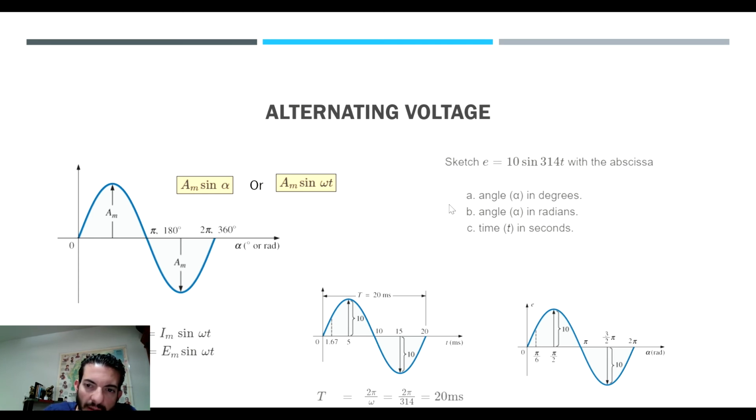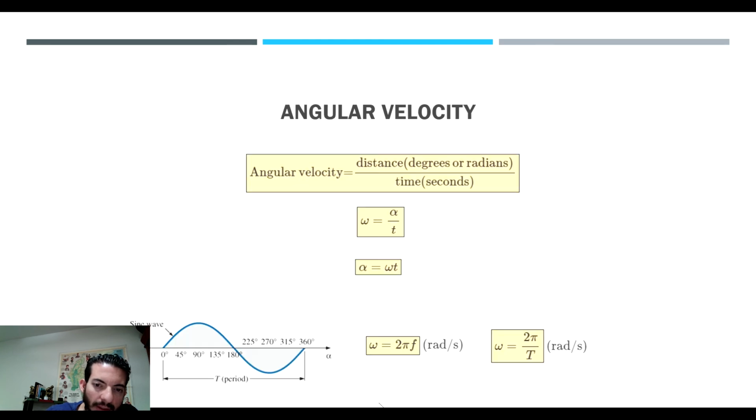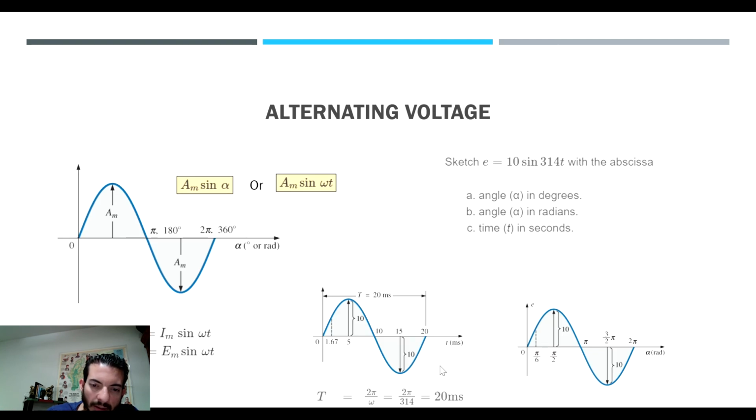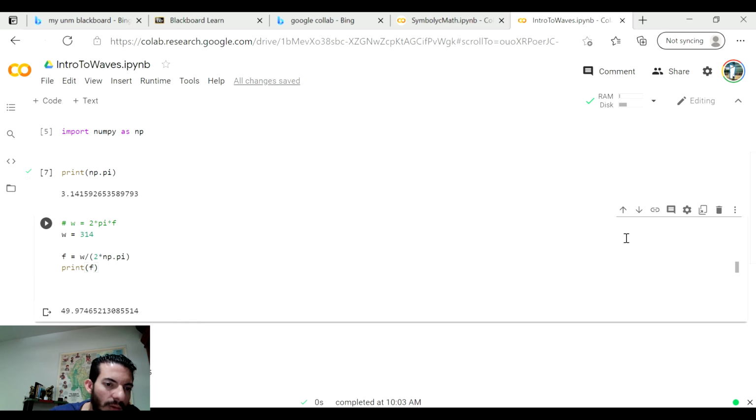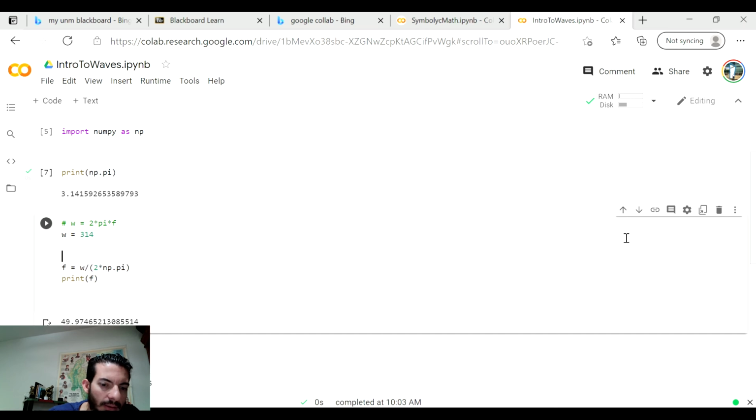We're going to find alpha in degrees. Remember, alpha is 2 pi f times the time t. The period is 2 pi divided by omega, and omega is 314, so I was doing the opposite. So period equals 2 pi divided by omega.